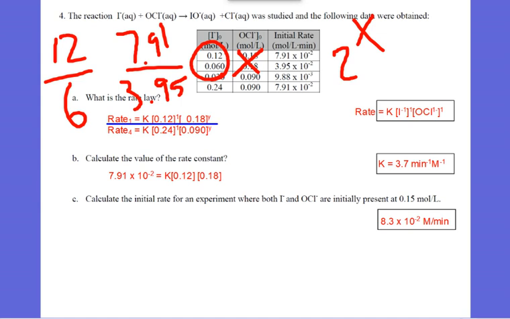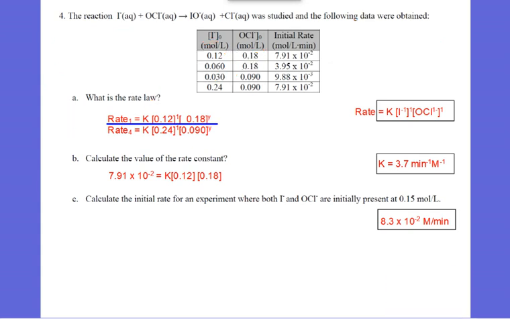They're both times 10 to the minus 2, so those pieces cancel. And if you do that math, you're going to get just about 2. So what is x? X would be to the first power. So that's why we have first power there for iodine, because as iodine is doubled, the rate is doubled.